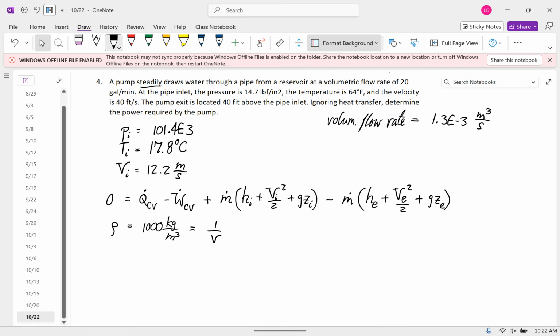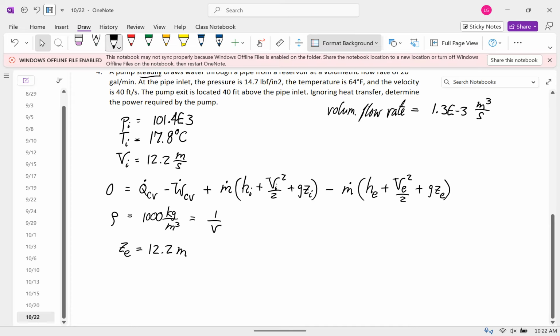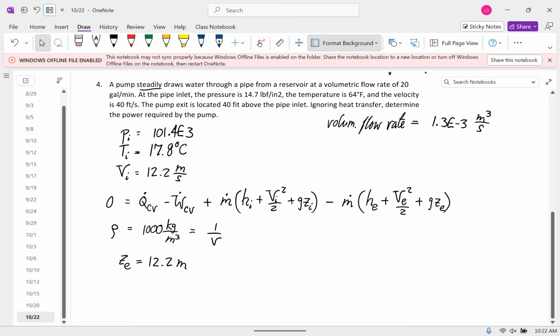So we're going to call z_e 12.2 meters. And we're ignoring heat transfer. We are assuming the conditions are the same at the inlet and the exit, so those enthalpies are going to go away.